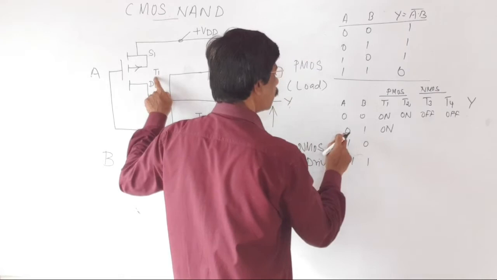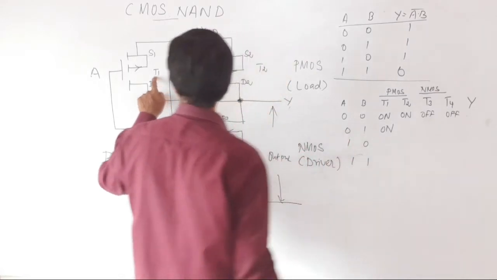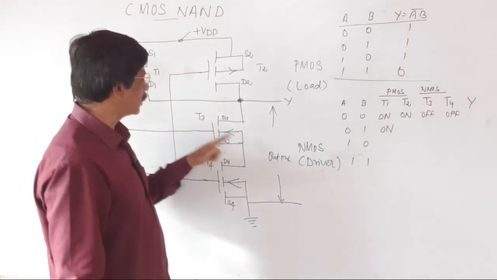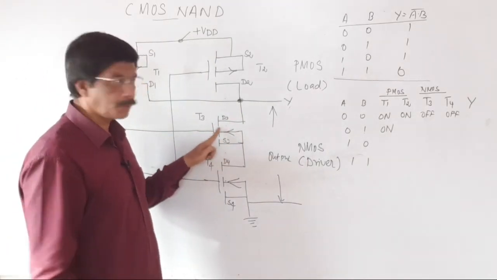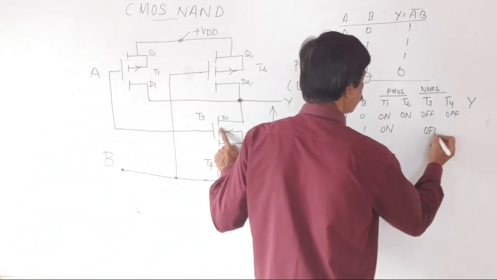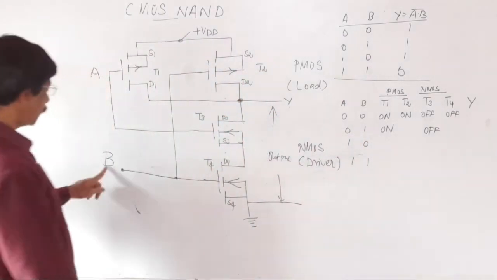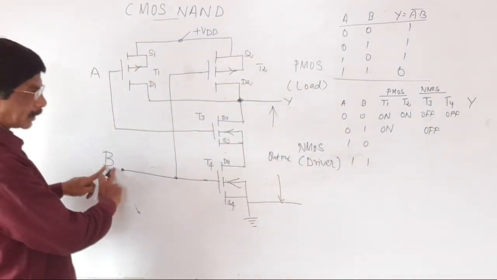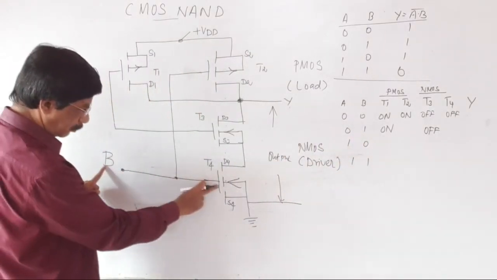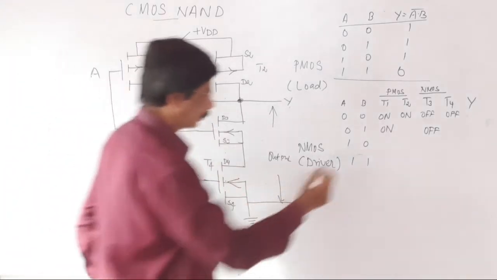The same 0 signal is connected to T3, which is an NMOS transistor, so T3 is off. Now the B signal is 1. The 1 signal is connected to T4, the NMOS transistor, and it is switched on. T4 is on.